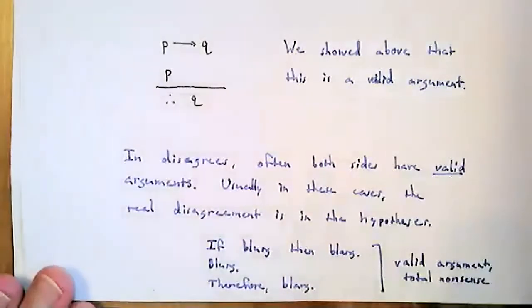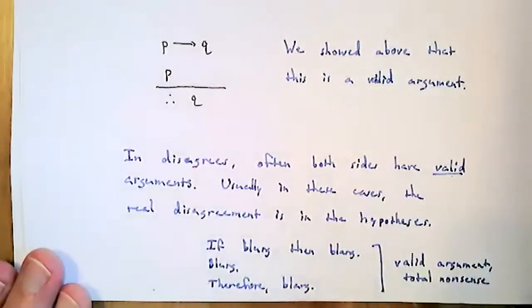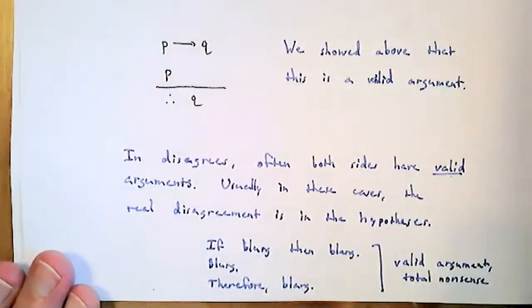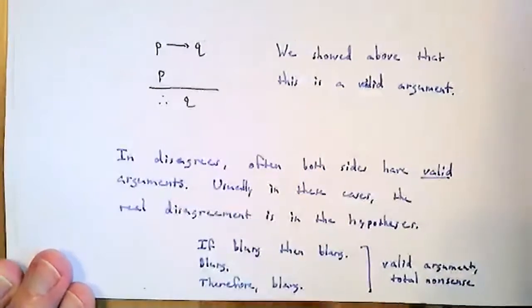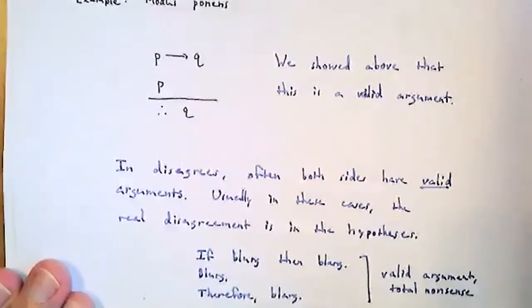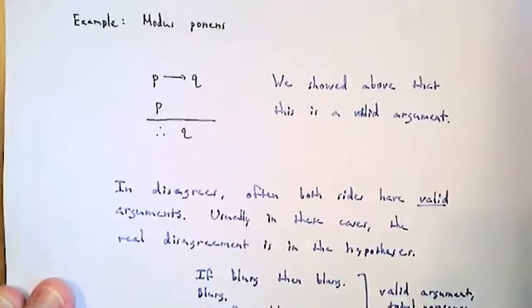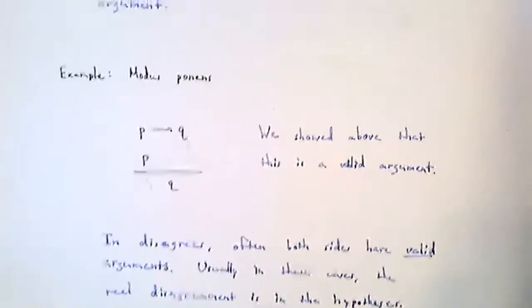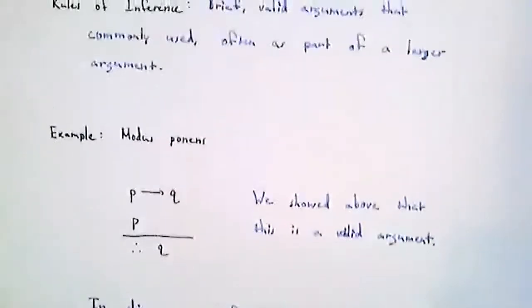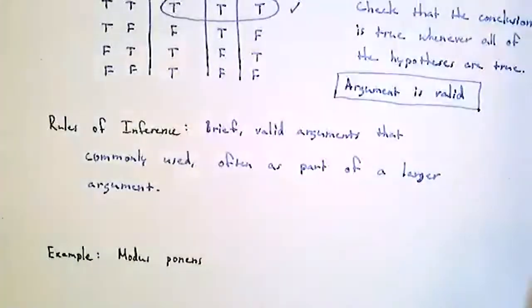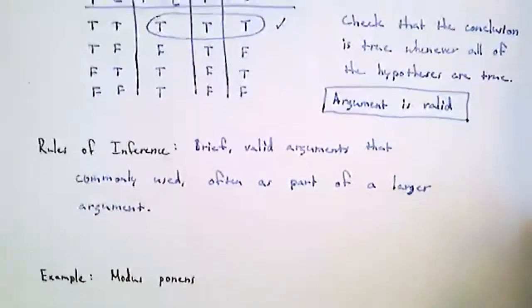And that's the sort of thing that you see in real arguments as well. I'm sure you'll see some in the homework problems. I guess before I move on, are there any questions?